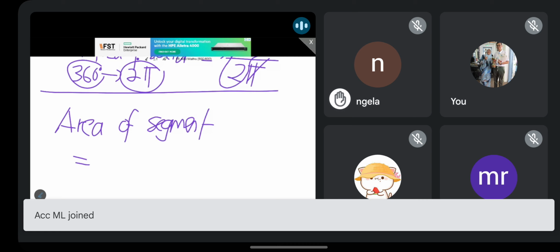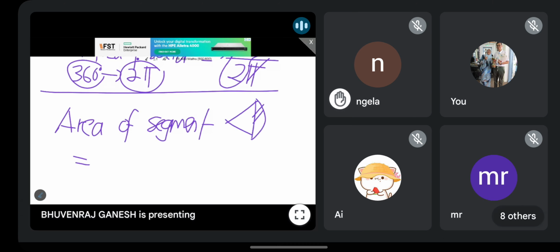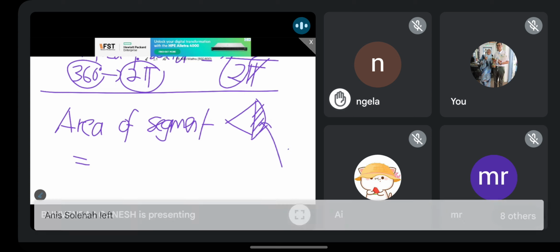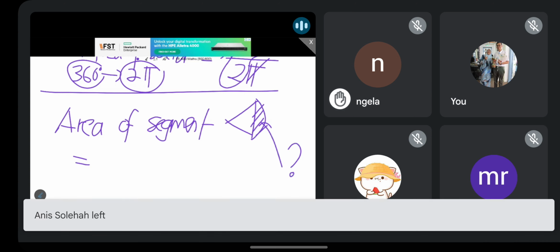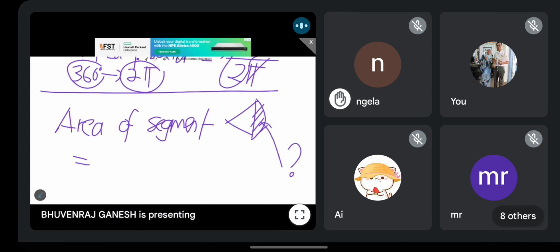Let's say, kamu ada sektor macam ni. Saya nak tahu macam mana dapat luas ni, this area. Apa rumus dia? Can anyone type out? Rumus yang paling ringkas, the most simplified formula to count area of segment.